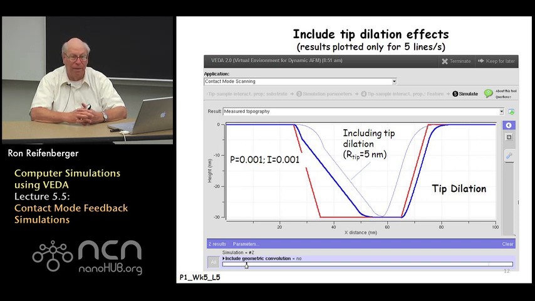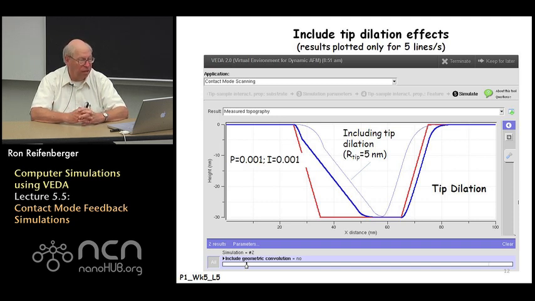You certainly get the depth of the feature correct. You would misinterpret the leading edge, and so it would be difficult for you perhaps to estimate accurately the width of the feature. The situation gets much worse when you turn on the tip dilation effect. In this particular example, I've got a tip radius of 5 nanometers, which is a reasonably sharp tip.